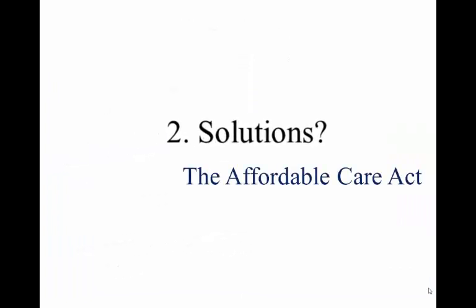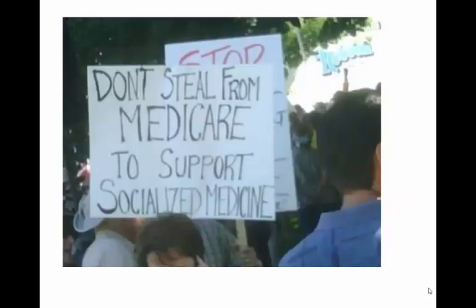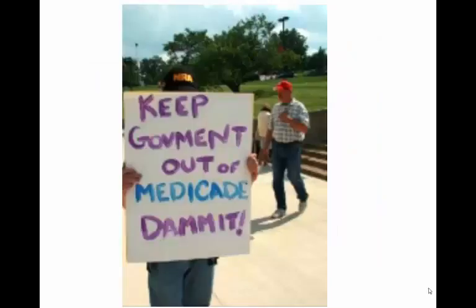All right, now let's talk about the Affordable Care Act. The nation has spent the last few years embroiled in heated arguments about health care reform. This is a debate that featured a lot of crazy rhetoric, over-the-top fears of death panels, and government takeover of medicine.